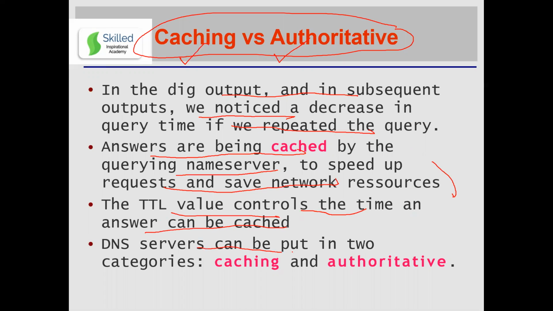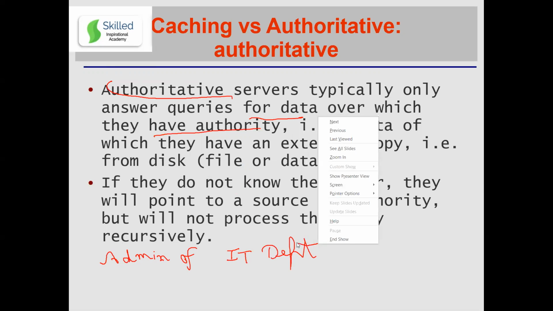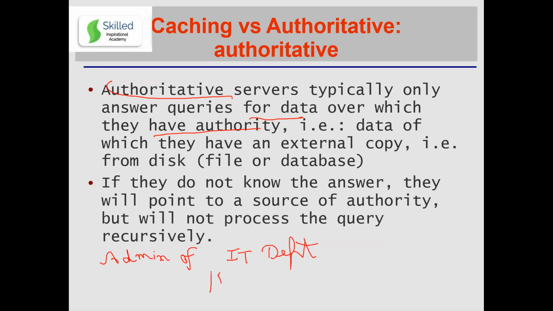DNS servers can be put in two categories: one is caching and one is authoritative. Authoritative servers, as we have already talked about, typically only answer queries for data over which they have authority. Like, I am admin of the IT department, so I have control only on the IT department.